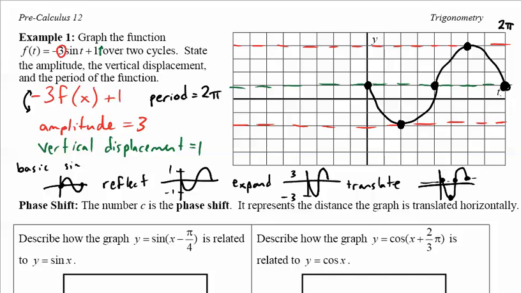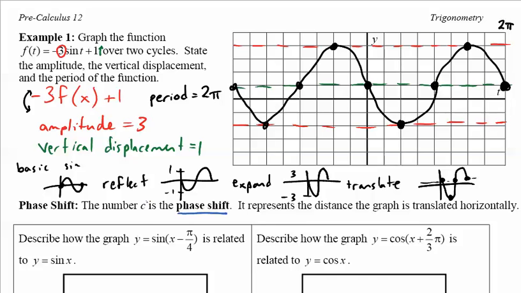Now if I copy and paste that image, I can get the rest of the graph. And there she is. Now the third thing that we'll talk about is the phase shift.